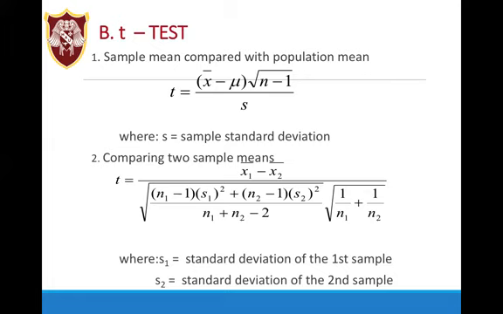This is multiplied by the square root of 1 over n sub 1 plus 1 over n sub 2.